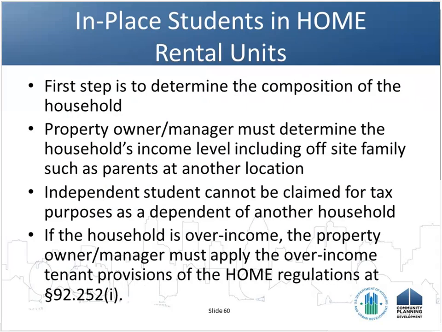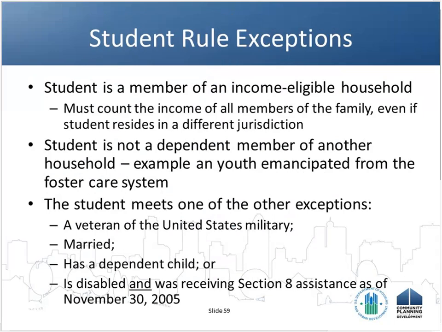So another student rule question is if the student has a dependent child, they're asking, is the student's parents' income not counted? So that's one of our exceptions. So we look to our exception list. If we have a student with a dependent child, that's one of our exceptions to the student rule going into place.